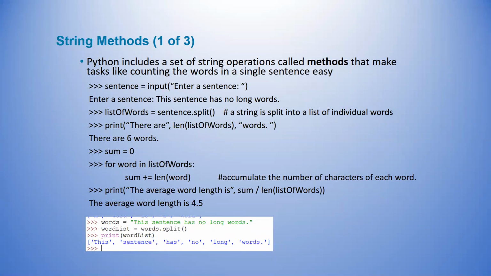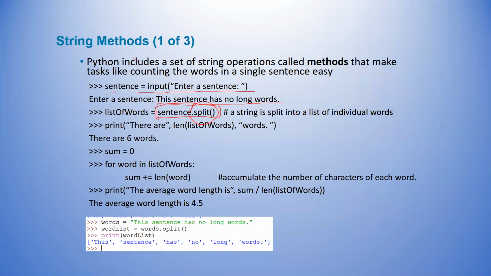Okay, Python includes a set of string operations called methods that make tasks like counting the words in a single sentence easy. Okay, so if you look at this, here you're asking the user to enter a sentence, and the user enters a sentence, right? And then you can actually split. So this is a method here, split.